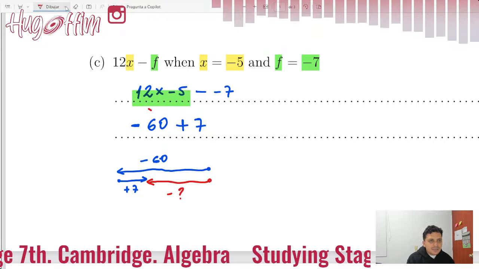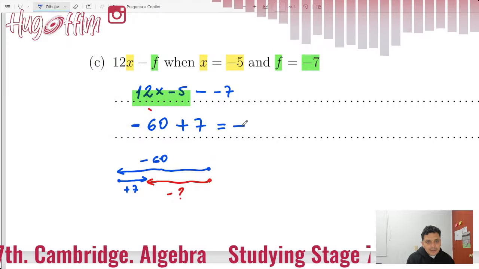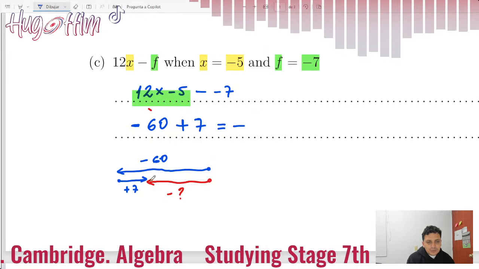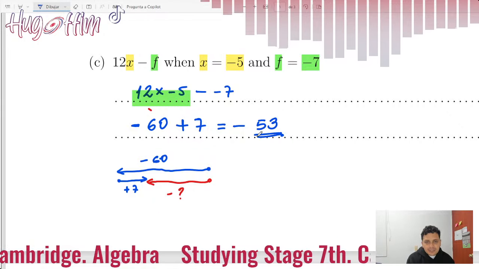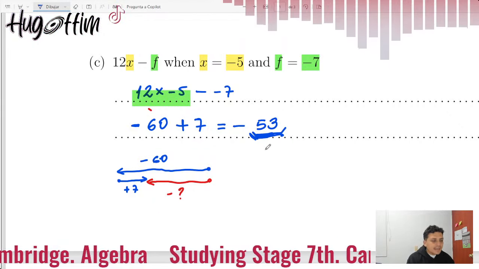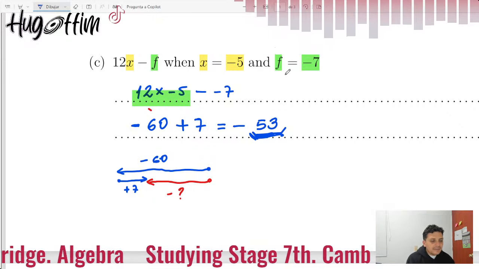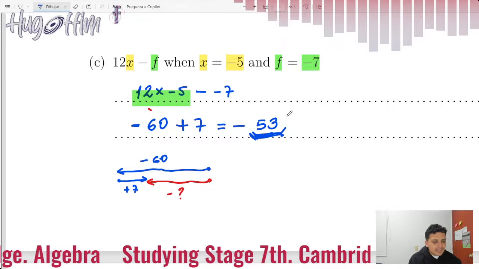So it's a negative number. And as you can see, it's the subtraction of 60 and 7. That is 53. So negative 53 is going to be my expression evaluated at x equals negative 5 and f equals negative 7.